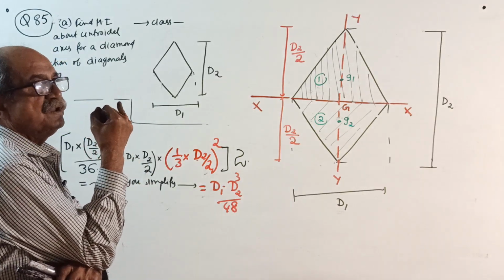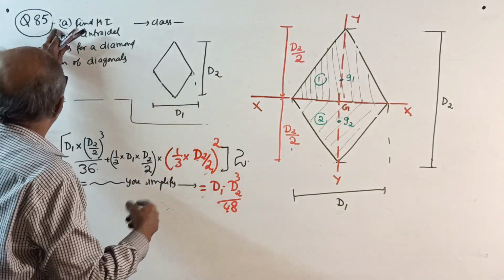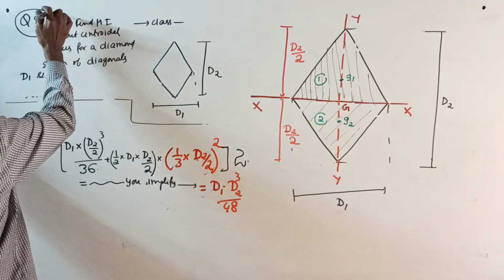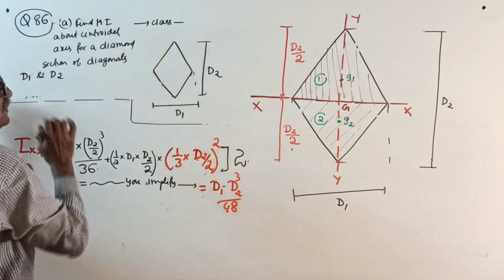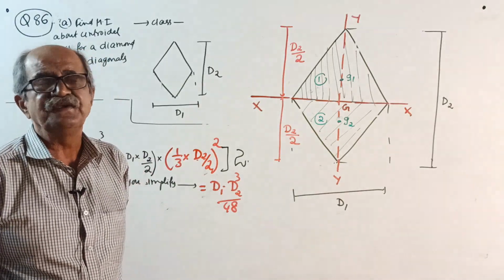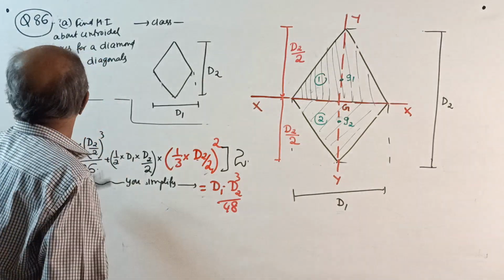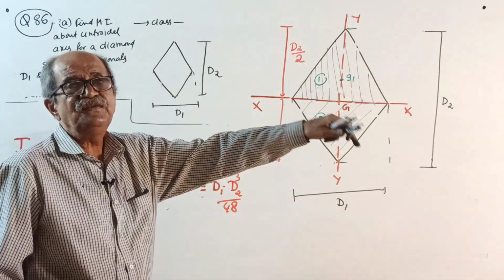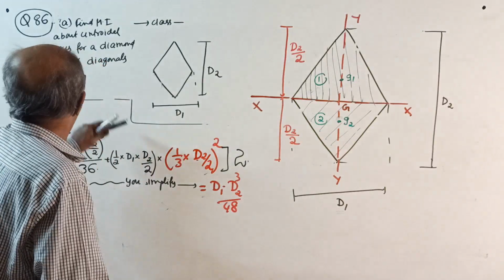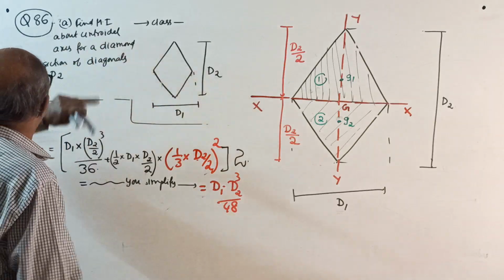Bookwork is 84A. No. Diagonal given, 86 only, correct? Bookwork with side is 86A. Numerical is 86B. Bookwork with the diagonal is 85A. Numerical is 85B. Now, bookwork type for diamond is 86A.